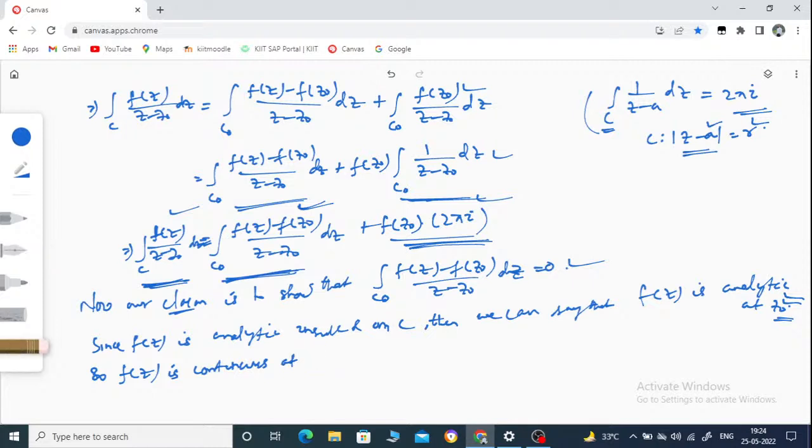At z0, since it is analytic, it is differentiable and also it is continuous.